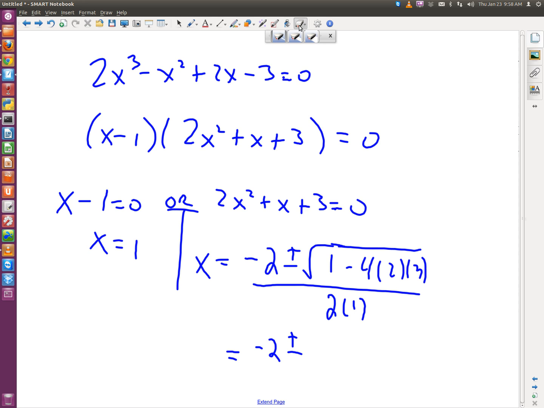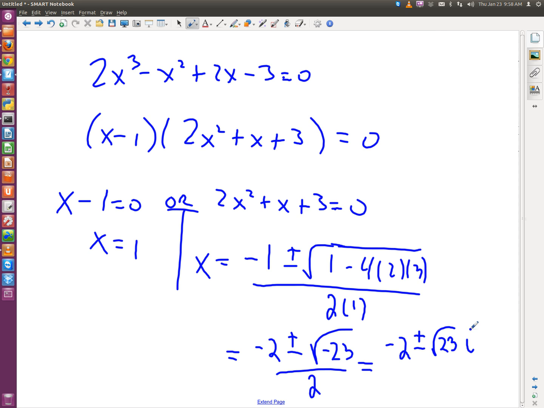Negative B. I'm looking at the wrong B. Yeah. Okay. So negative B plus or minus square root of B squared minus 4 times A times C all over 2A. That's it, right? Okay. So what's 1 minus 24? Negative 23. So rad negative 23 all over 2. And what happens when you square root a negative? You get imaginary, so it's negative 2 plus or minus rad 23I all over 2, which is complex.